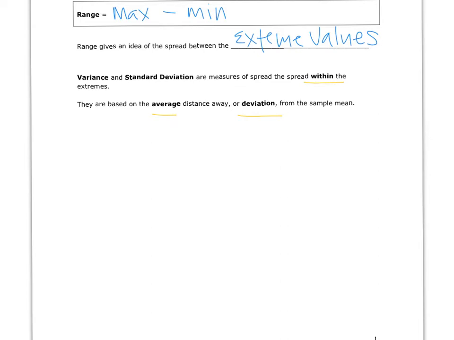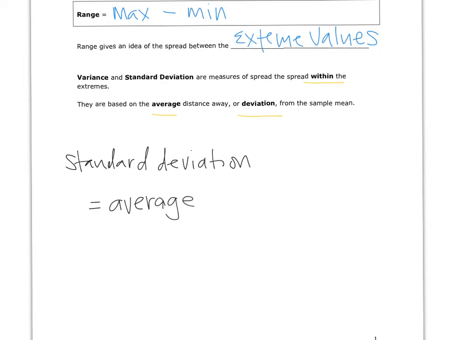Okay, so the standard deviation, we can think of that as being the average deviation away from the mean. I just want to start off with that, because that phrase can have not a lot of meaning, but really what we're trying to get at is the average deviation or difference from the mean.